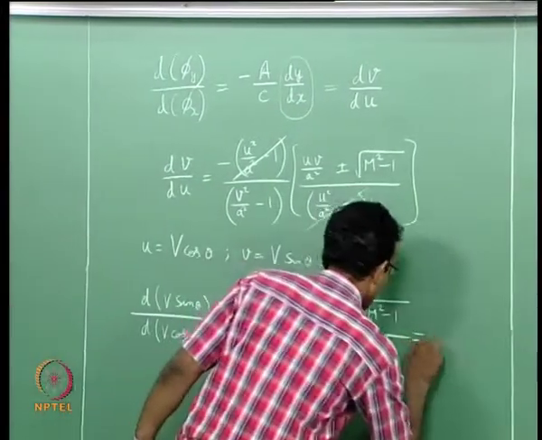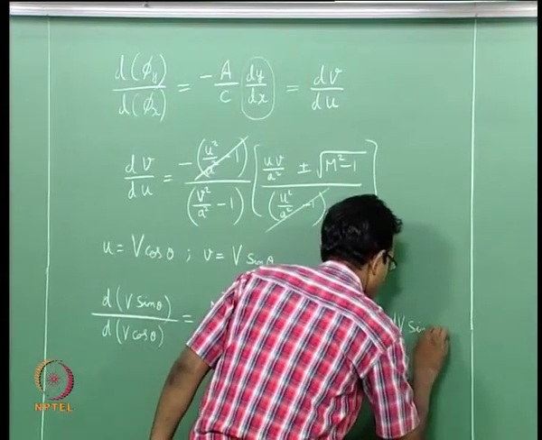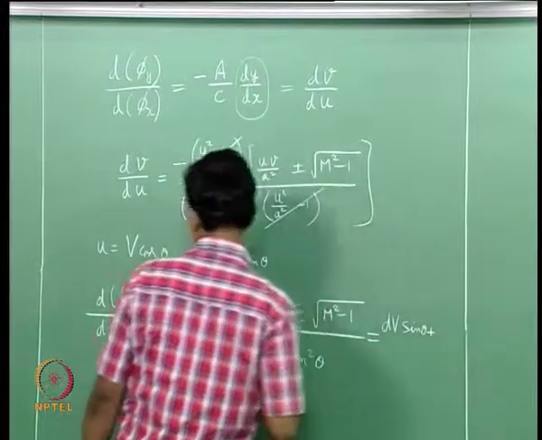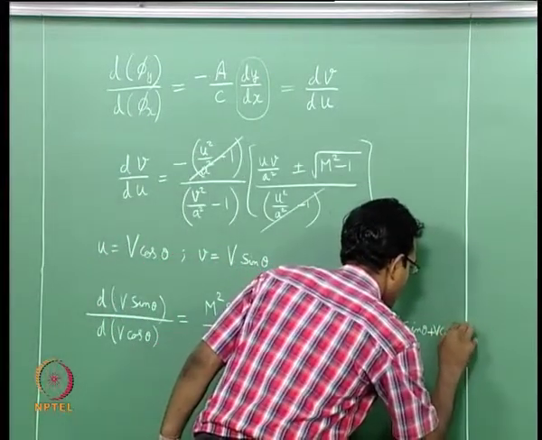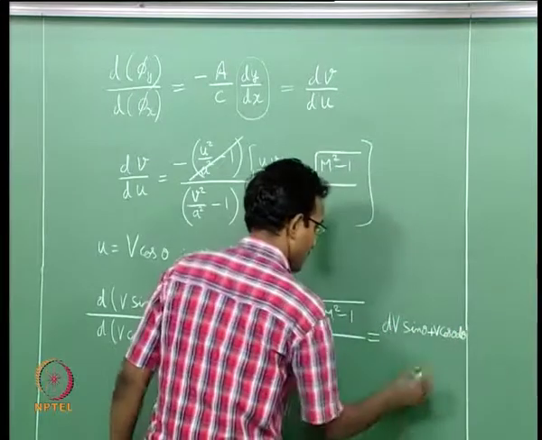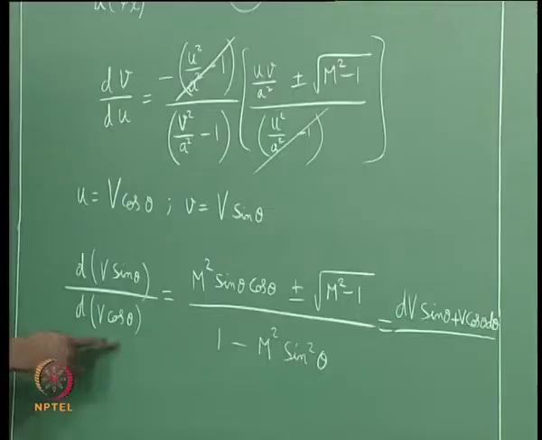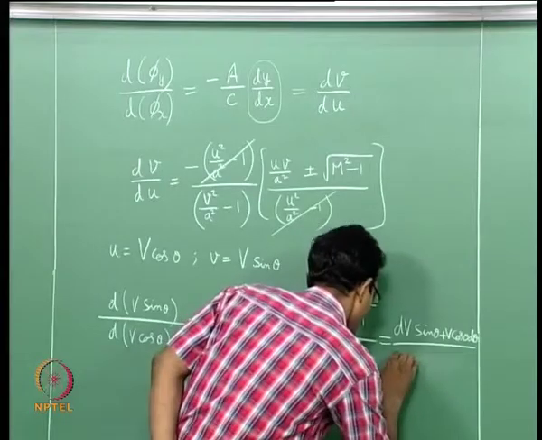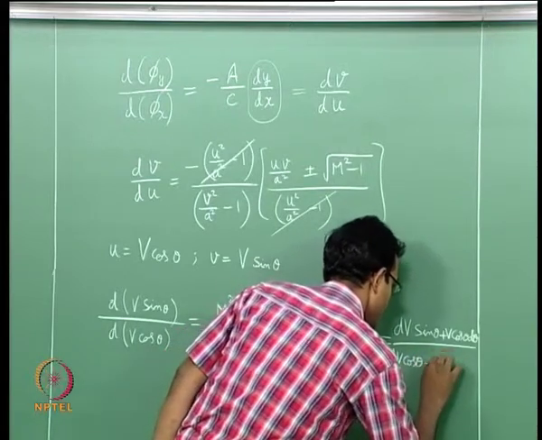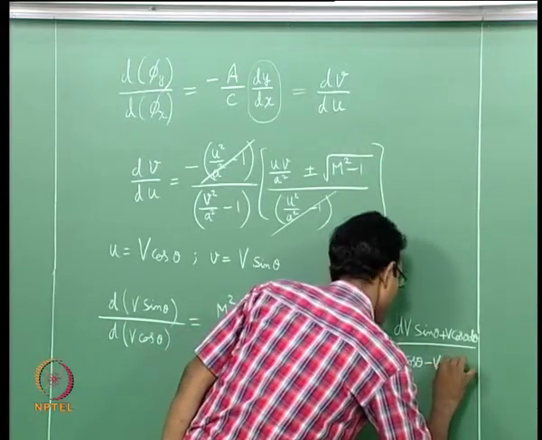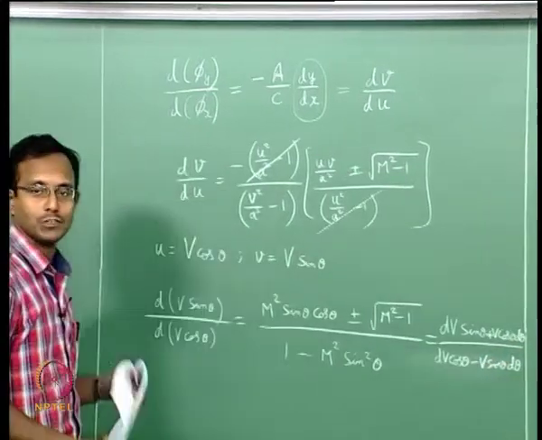I will just put it here, it will be dV times sin theta plus cos theta V cos theta d theta, divided by, similarly I have to do differentiation by parts again on this one, dV cos theta minus V sin theta d theta. This is what it should be.